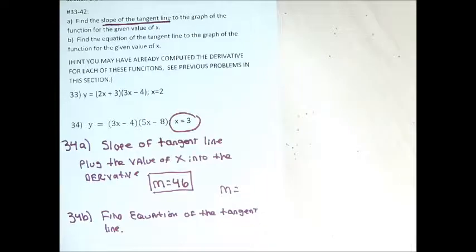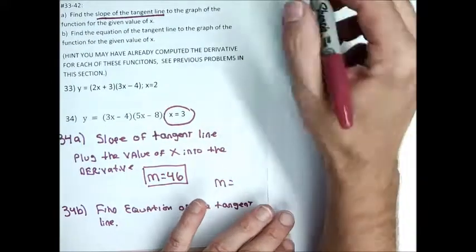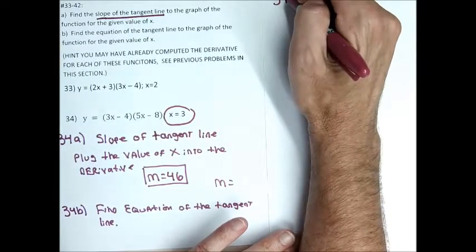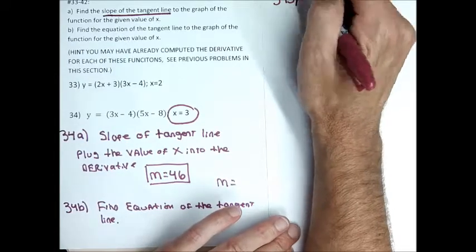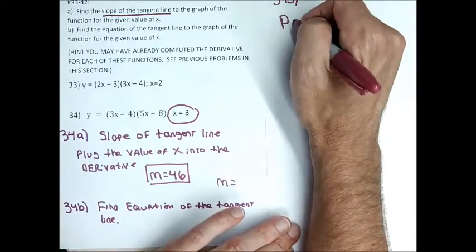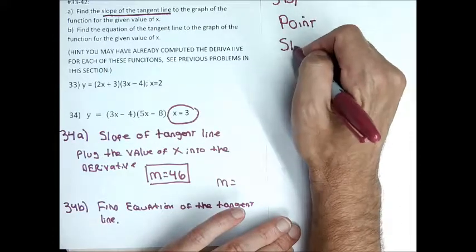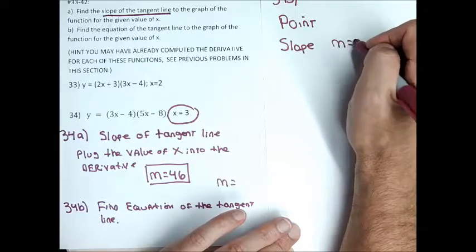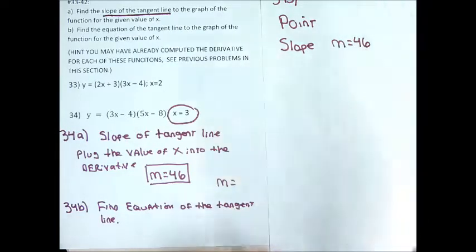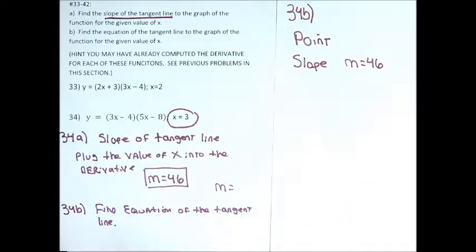For part B, I'm finding an equation of a tangent line. So 34b, if I look at the instructions, it says find the equation for a tangent line. And in order to find an equation of a tangent line, I need to know a point on the line and the slope. The slope I get by plugging a value of x into the derivative, which I did in part A. For a point, I don't need the derivative.